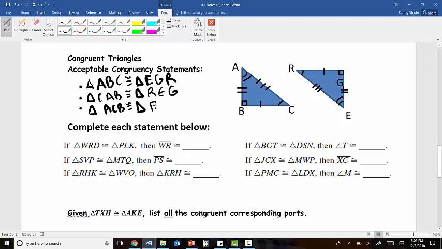It has to be ERG then. So any of these are acceptable, and if I look at everyone's pairing, no matter what, we all should have A matches with E, B matches with G, and C matches with R. So as long as that's happening, your order is fine.